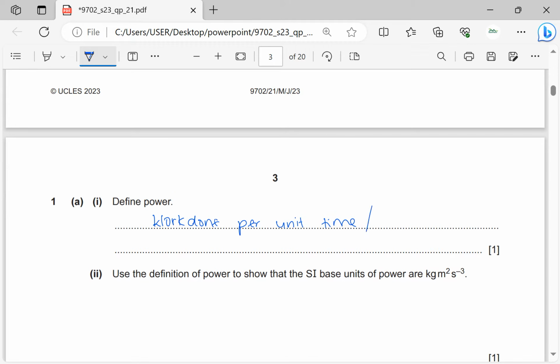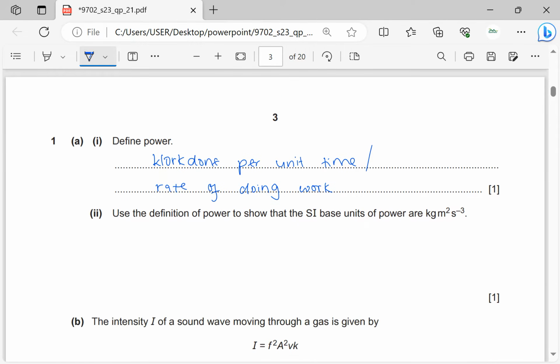Or you can simply say power is the rate of doing work. Power is the rate at which energy is transferred, because work done is energy in motion. So rate of doing work, rate at which energy is transferred, that is still power.